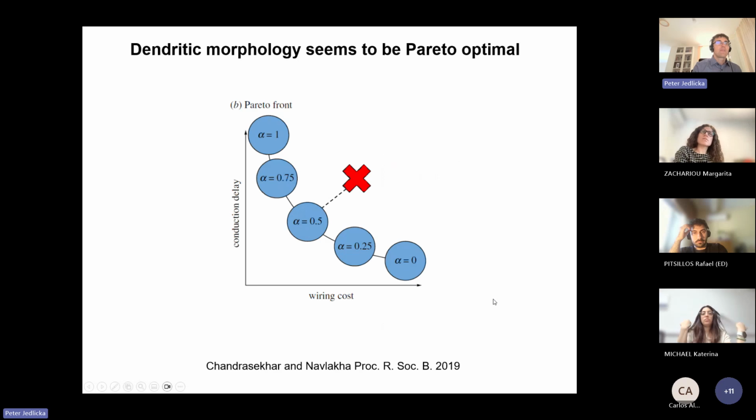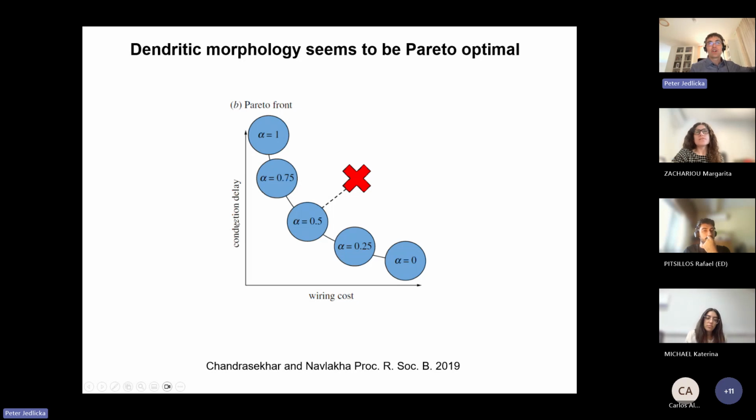Okay. Interestingly, this paper suggests that dendritic morphologies might also be Pareto optimal. These authors think that they are optimal for the two costs that Hermann uses for his morphological modeling algorithm, right? Here, the x-axis is the wiring cost, so that would be the total dendritic length.